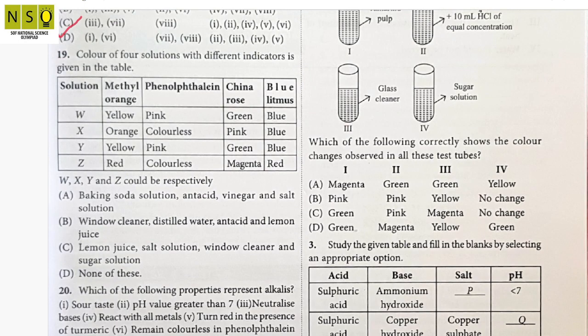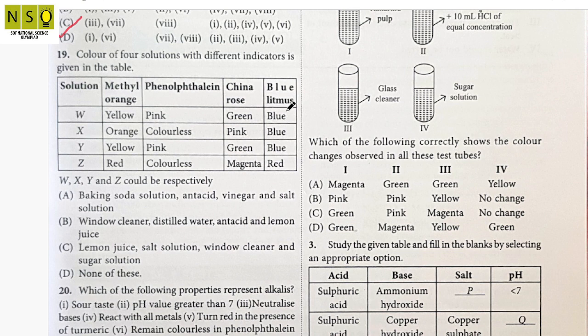The 19th question says the color of four solutions with different indicators is given in the table. Okay, these are the tables. Now we have to find W, X, Y and Z respectively. Okay, so what will be W? If we go through W, it is yellow, pink, green and blue.